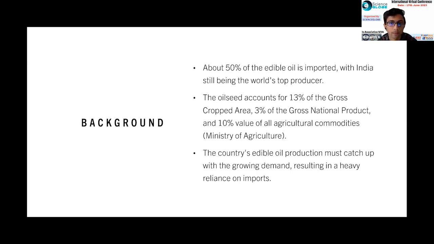Even though our oilseed sector is a huge one in the world, we still import 50% of the edible oil. There is a huge amount of consumption, and the edible oil production is not in phase with the consumption, which results in a heavy reliance on imports. And I guess this is something we need to look into, and we will see why the situation is like this, and how to improve our production of oilseeds in our country.